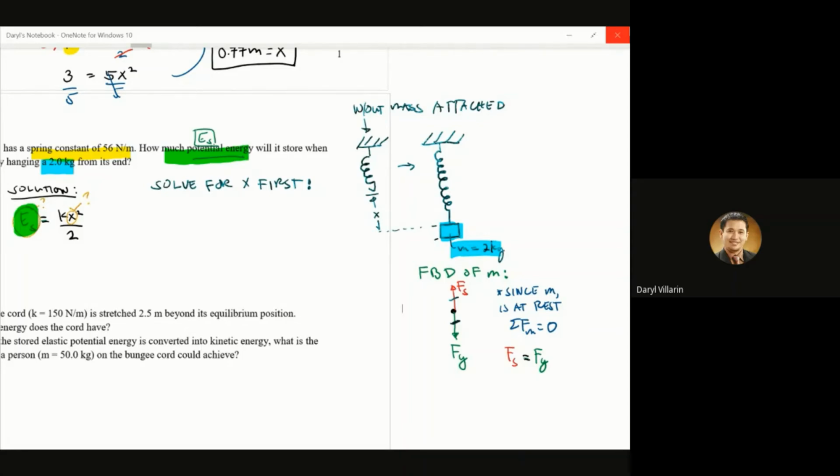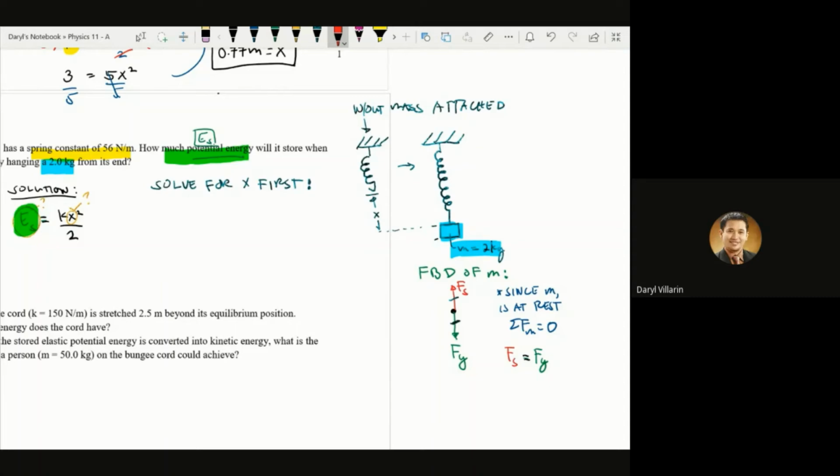The other, since it is attached to the spring, is the upward force exerted by the spring, and that is your Fs. So the amount of force exerted by the spring is the same as the force of gravity.